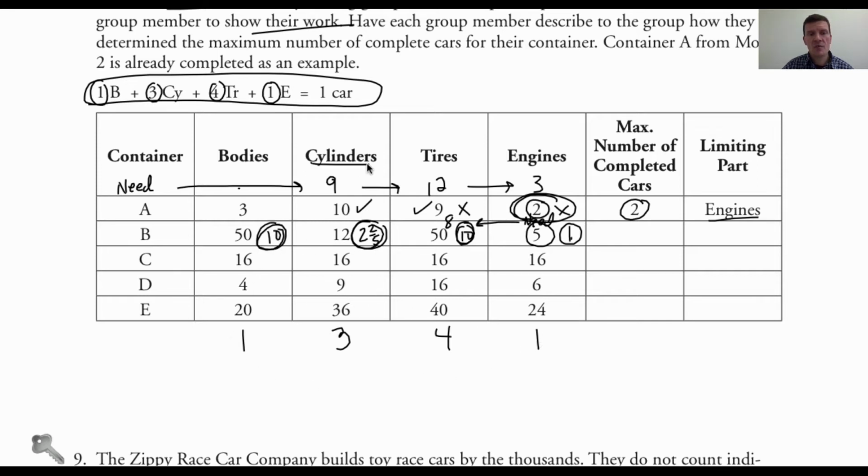So here's my problem: cylinders in this container, I don't have enough cylinders. I can only make, let's see here, in this case, those cylinders, 3 per car, 12 divided by 3 is going to be 4. I can only make 4, and it is the cylinders that are going to cause the problem there. Okay? All right, let's look at this one.